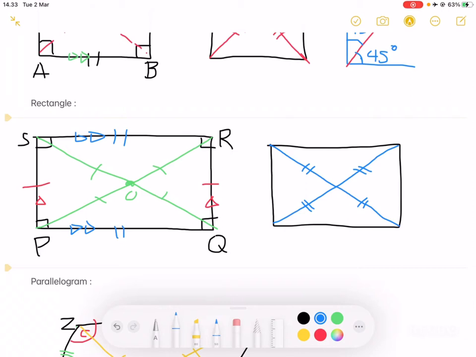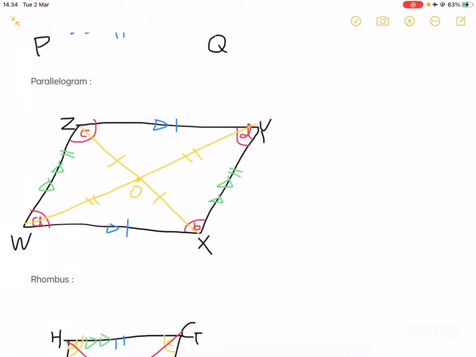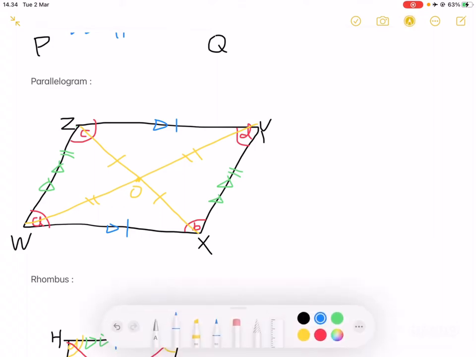Now the next thing I'm going to talk about is the parallelogram. As the name suggests, it has something to do with parallel lines, and it has 2 pairs of them. It is this pair marked in blue, and this pair marked in green.